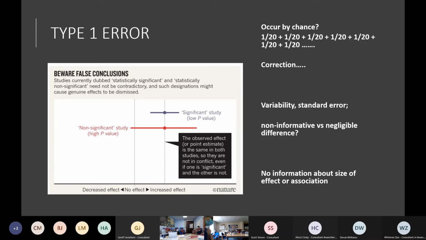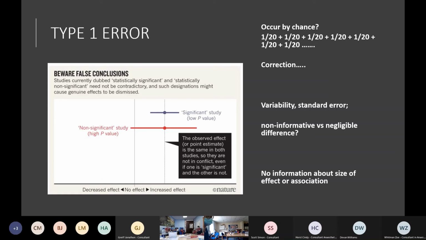The other thing is that the p-value tells you that there is a less than 1 in 20 chance that your results have occurred by chance. Now, if you do enough studies, then one of them will be positive by chance. And in fact, Yang had a lovely picture with all the secondary outcomes. If you do enough secondary outcomes, there is a chance that one of them will have a p-value of less than 0.05.